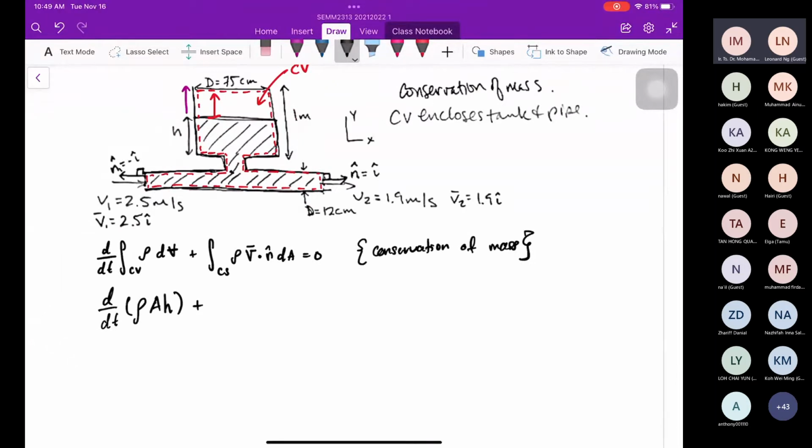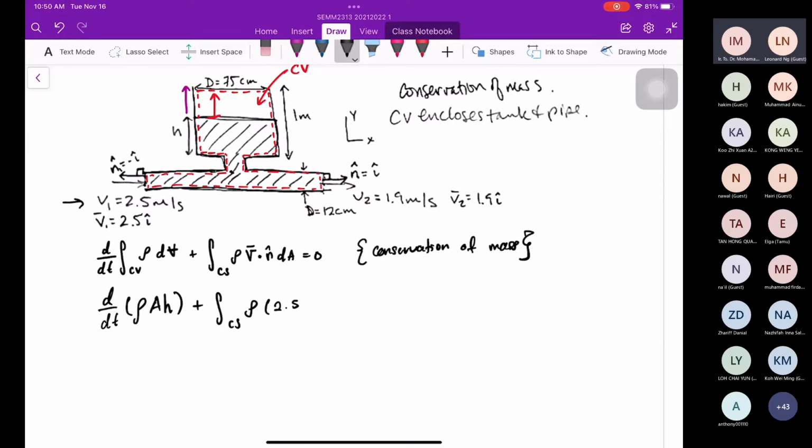Plus the integration over the control surface of rho times velocity. Velocity 1, which is given, don't worry, it is 2.5.